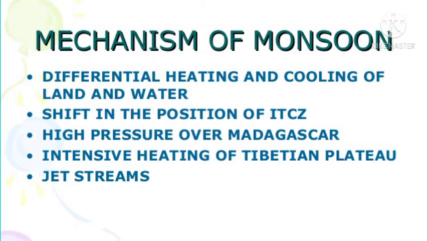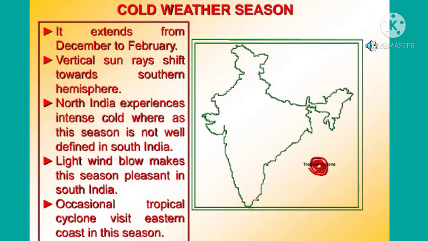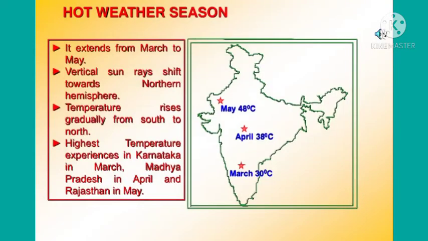The mechanism of the winter season is based upon three conditions: first, the surface pressure and winds; second, the jet stream and upper air circulation; and third, the western disturbances and the tropical cyclones. The second mechanism, in the summer season, is based on the surface pressure and winds, the jet stream and upper air circulation, and the easterly jet streams and the tropical cyclones.